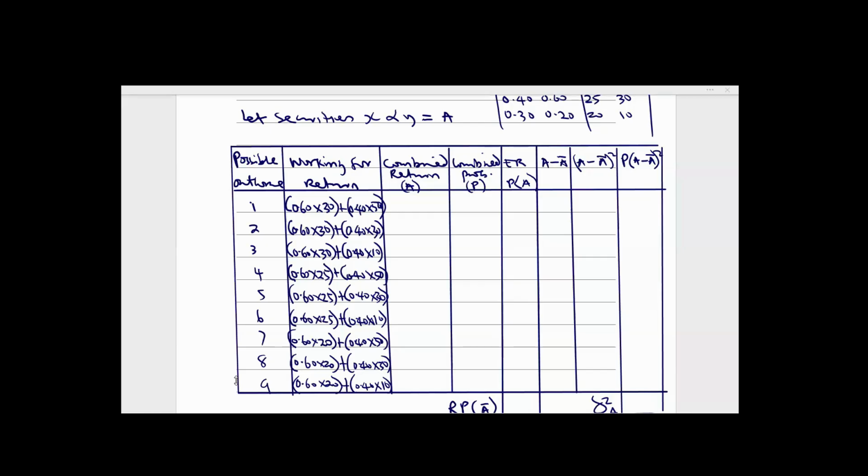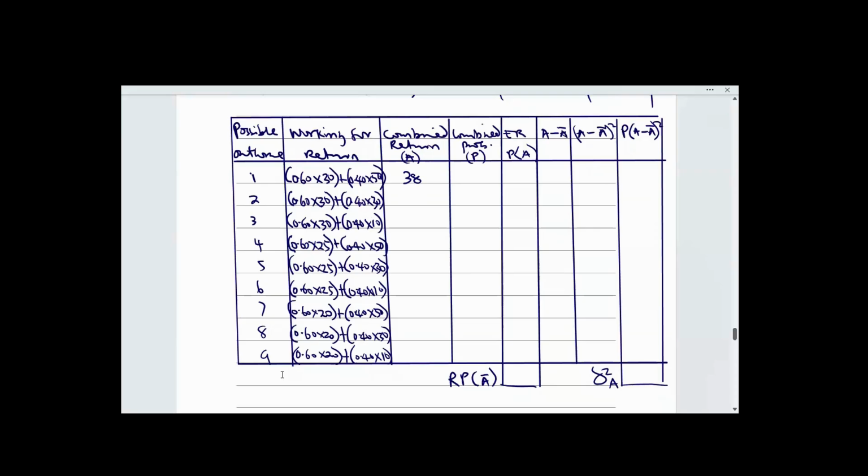Equal, that's 38. Did you get 38? Yes. So the next one, what do you have? 30. 30, okay. The next one, 22. Next, 35. Yes. Okay. Next one.